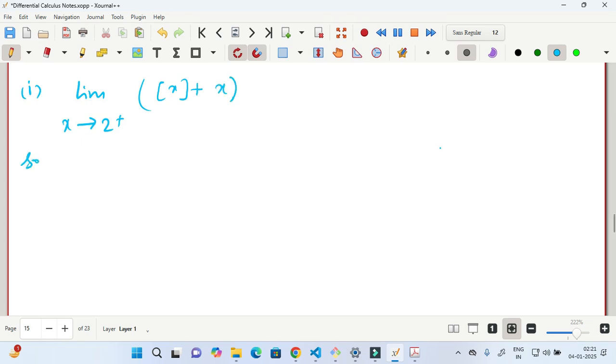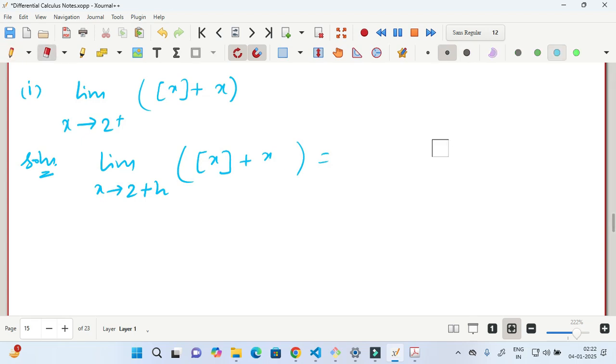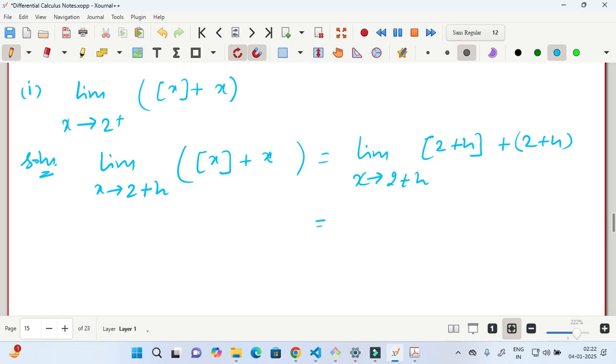Solution: limit x tends to 2 plus, h modulus of x plus x, which is equals to limit x tends to 2 plus h of greatest integer function of 2 plus h, plus 2 plus h. So clearly the greatest integer function of 2 plus h, this h is neglected. So we will be writing only 2 here.